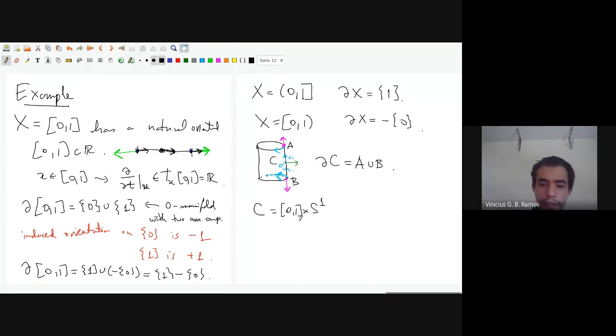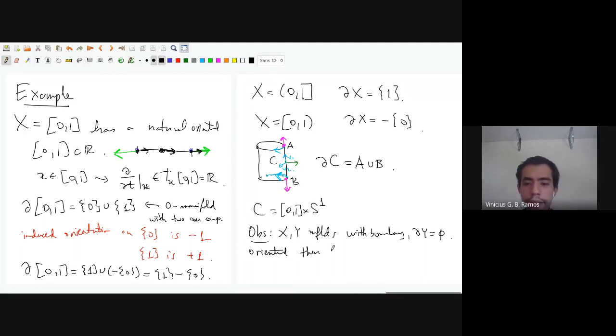This is actually an observation that I wanted to make: if X and Y are manifolds, at most one of them with boundary, but the second one has no boundary. It could also be the opposite. You could just pick the first one to not have boundary. And they are oriented, then the product has a natural orientation.